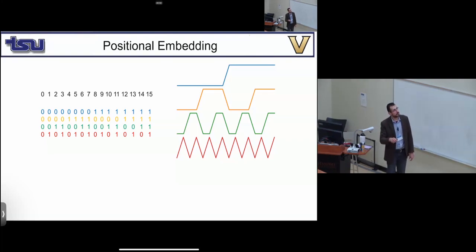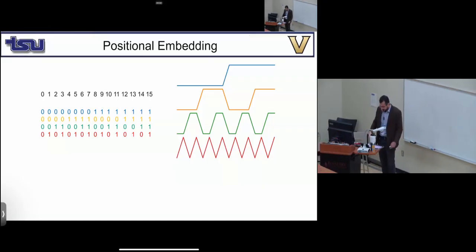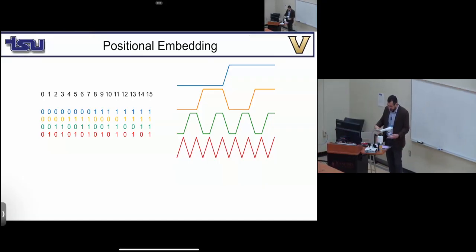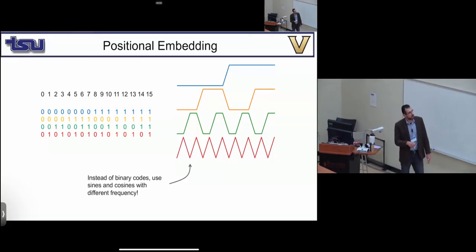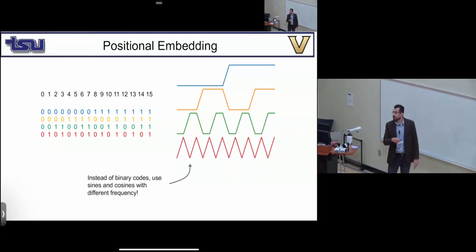So I have low frequency, higher frequency, higher frequency, and higher frequency. Here I had 0s and 1s, but I can get inspired by this idea that something that encodes frequencies would allow me to embed position. And instead of binary codes, I can use sines and cosines with different frequencies. So now instead of 0s and 1s, I'm going to have continuous values.